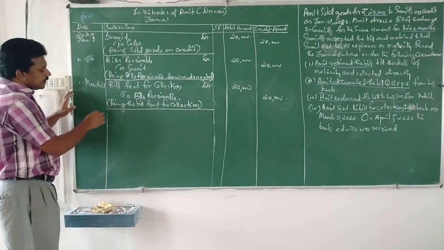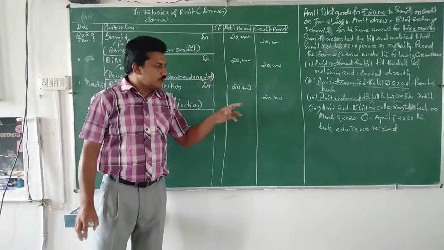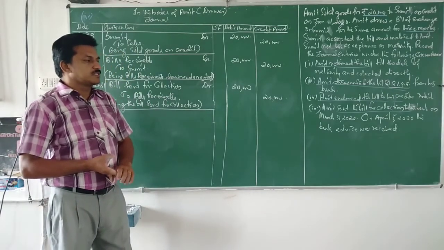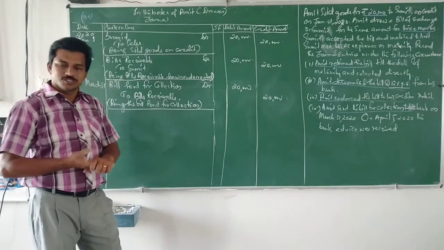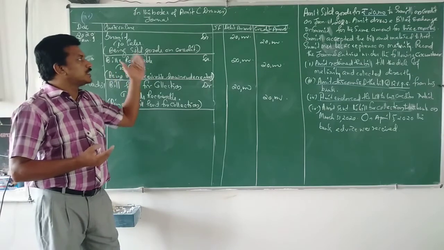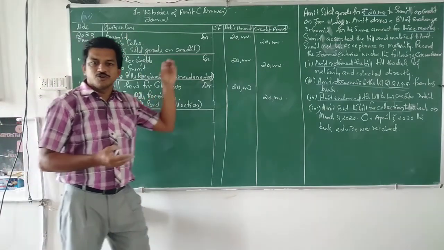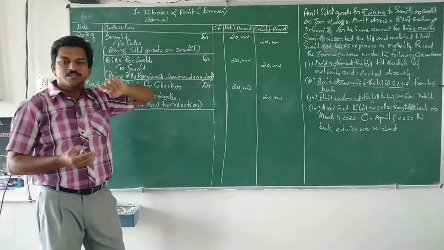Then on April 5, 2020, the bank advice was received. Bank advice was received means the bank informed that money was received. So what will be the journal entry in the books of drawer? This entry we have not explained while explaining the journal entries. You can add this entry also there.